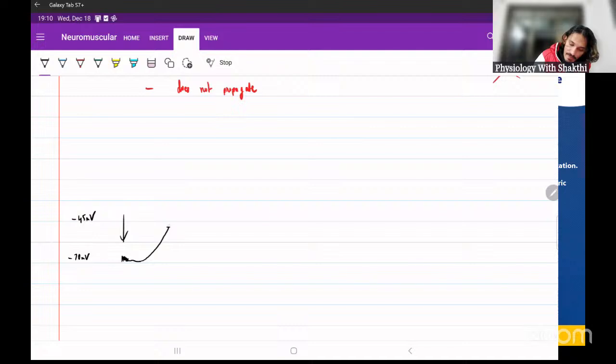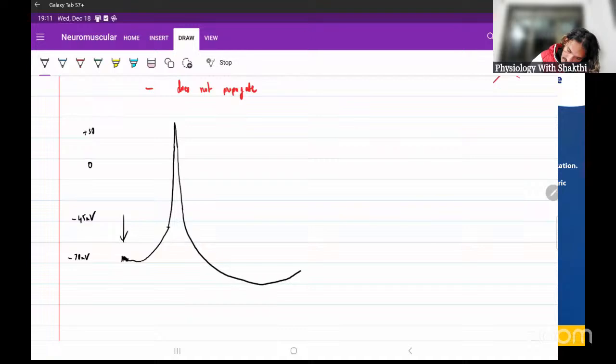At that point, it is going to go up as a spike potential. It'll cross 0, it'll go till around plus 30, at which point it is now going to come back down. It keeps coming back down. At some point, it will slow down and then go into hyperpolarization, and then eventually reaches your RMP.